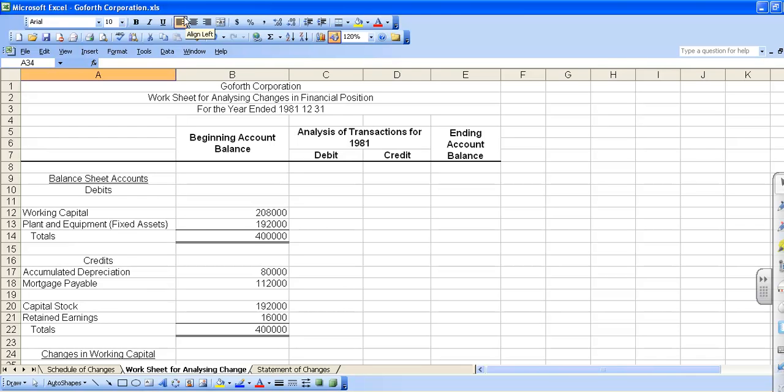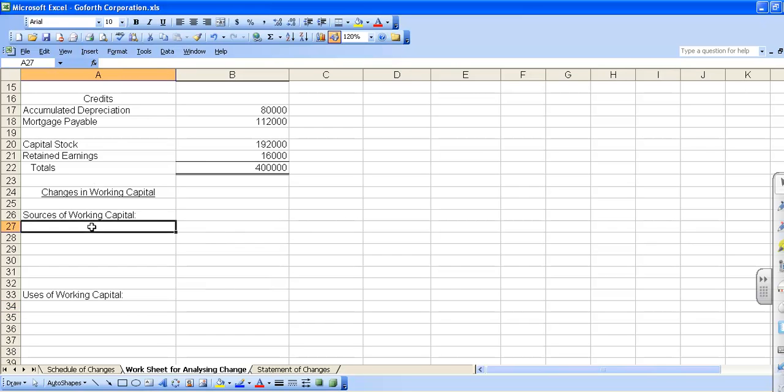Okay, so our first change that we have is that number A on page 541 tells us that net income for the year was $16,000. Okay, so net income is a source of working capital. So net income for the year is $16,000, and we're going to put that in column C to show that that is one of our changes.